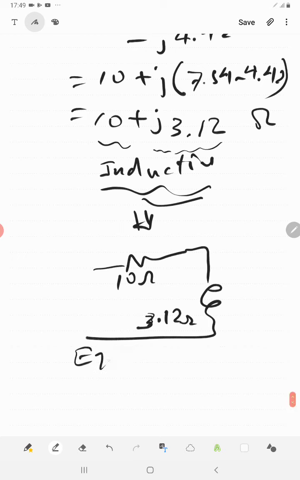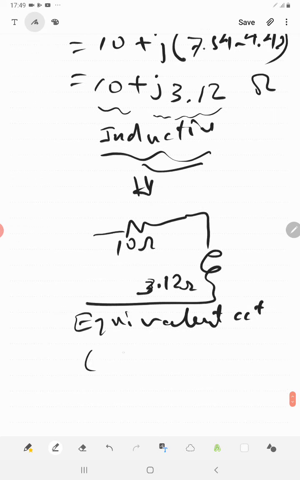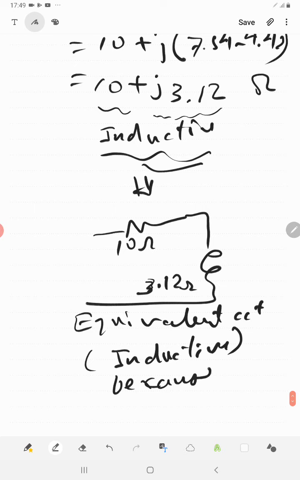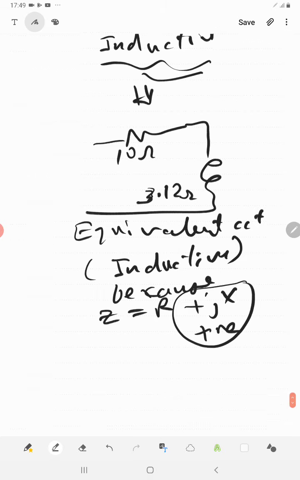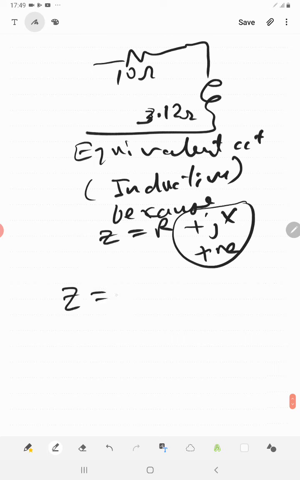This is an equivalent circuit, and this is inductive, because Z equals R plus jX, and here X is positive. Okay? So we call it inductive. If it is negative, we call it capacitive.